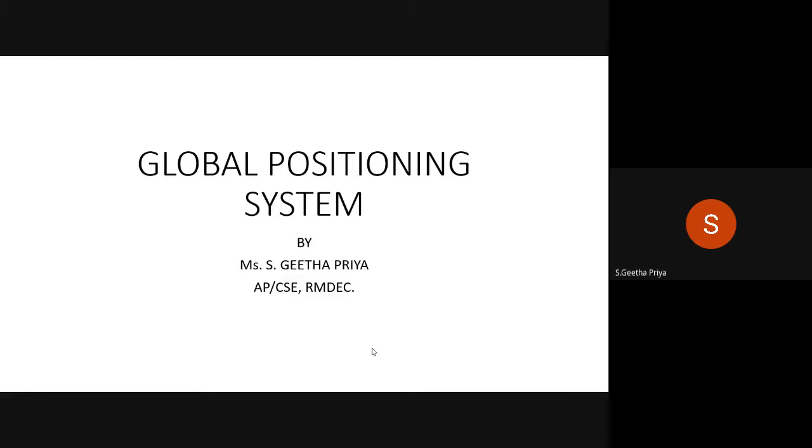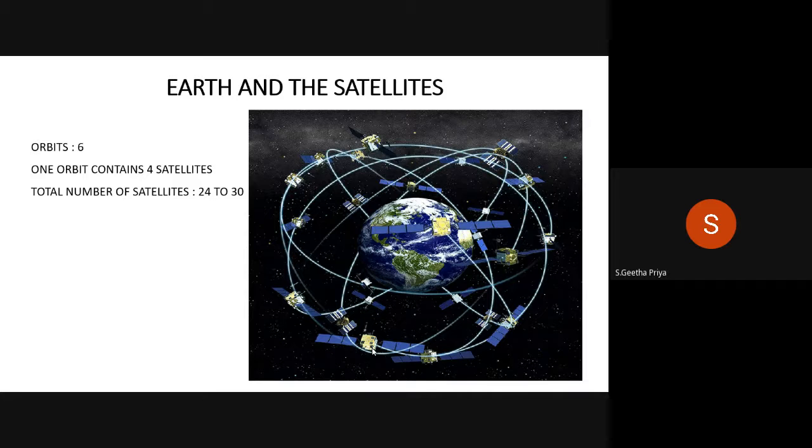So first, we'll start with GPS. We all know what GPS is. GPS is nothing but the Global Positioning System, which is used for finding the location of a person or the location of a vehicle, whatever we are tracking. That is, for finding a position, for tracking, for navigation purposes, and also for routing purposes.